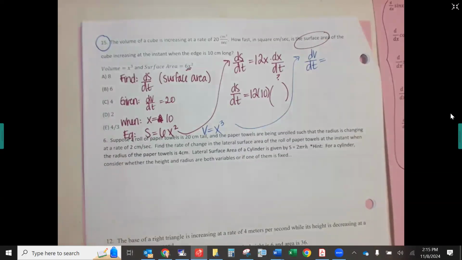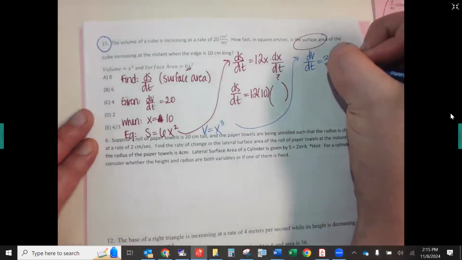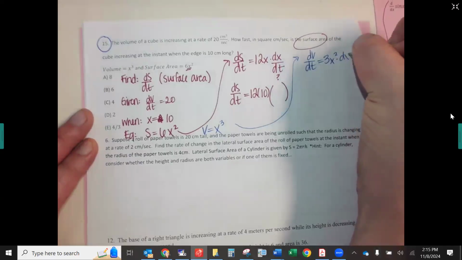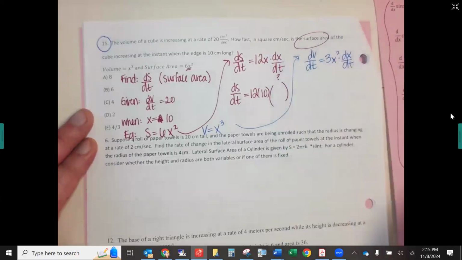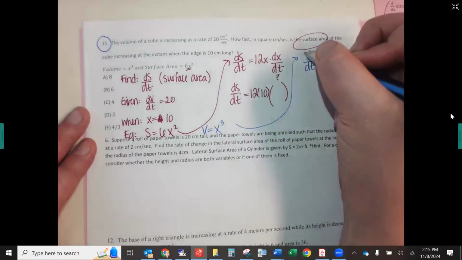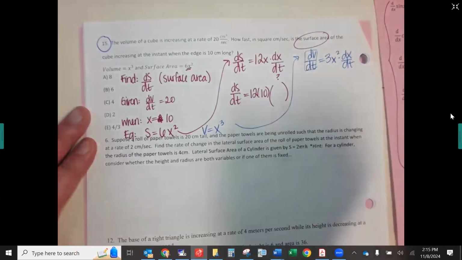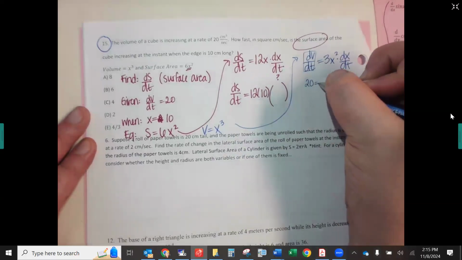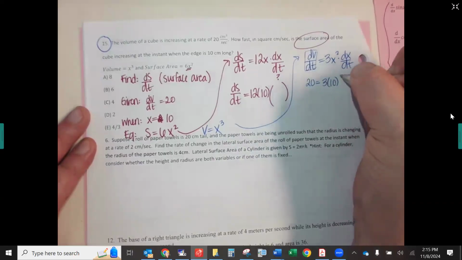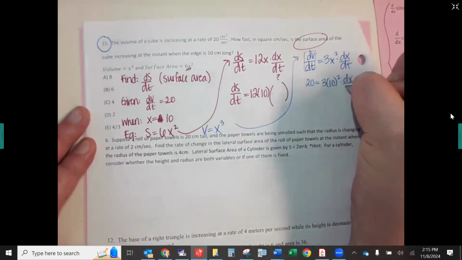So if volume is x cubed, what's the derivative of that? 3x squared dx/dt. And then they told me that dV/dt is how much? 20. So 20 equals 3 times 10 squared dx/dt.